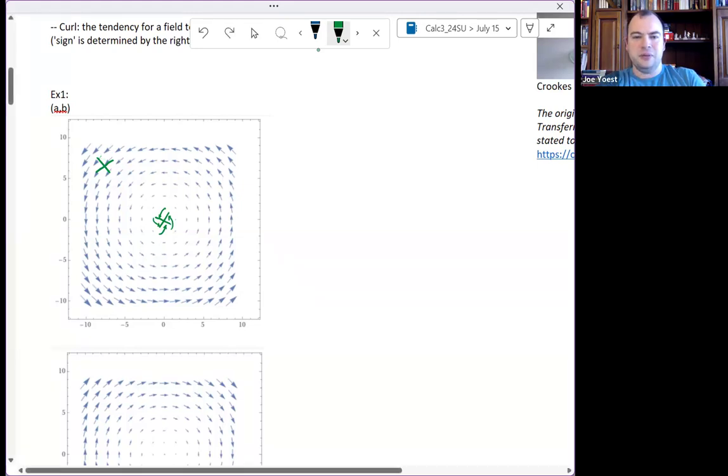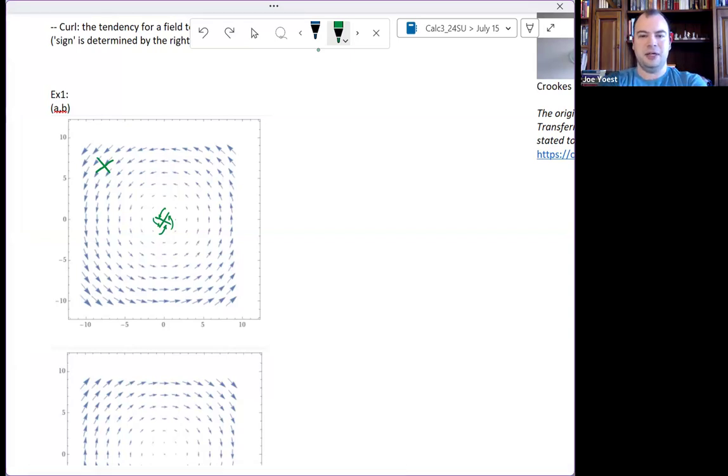So one thing I have to be a little bit careful about with curl is the fact that the vector field I'm looking at, the representation I have, is it scaled or not? We said that sometimes vector fields, when they're visualized, they scale all the vectors to a certain length. Well, here I was careful not to do that.